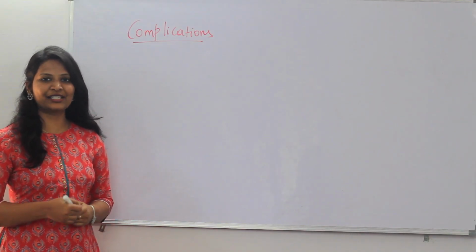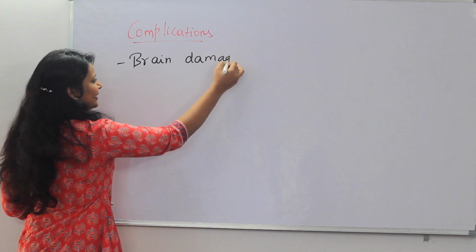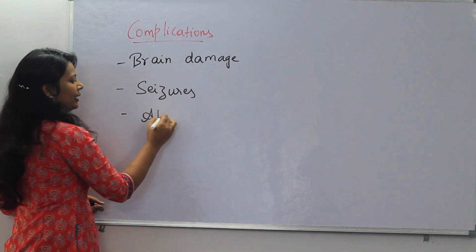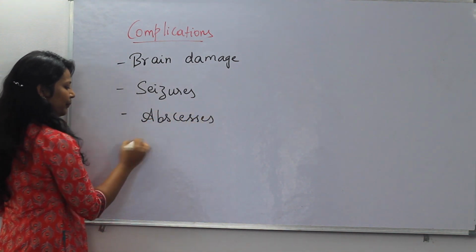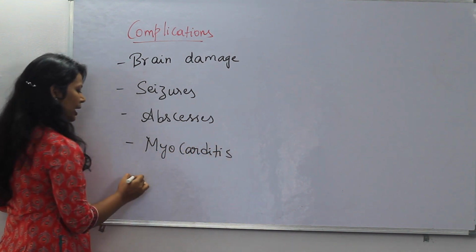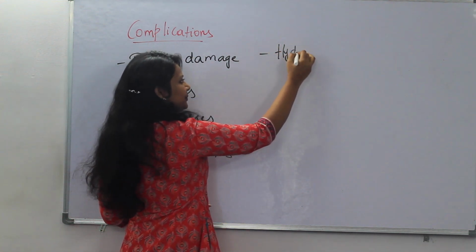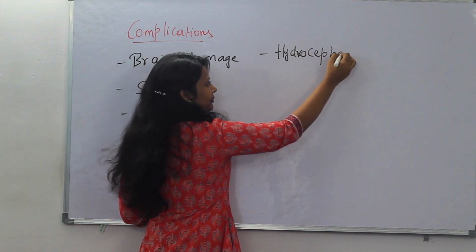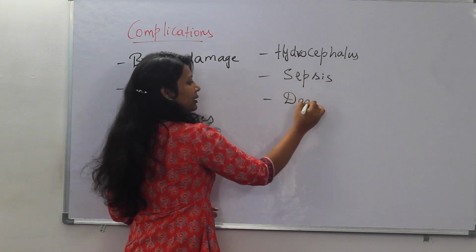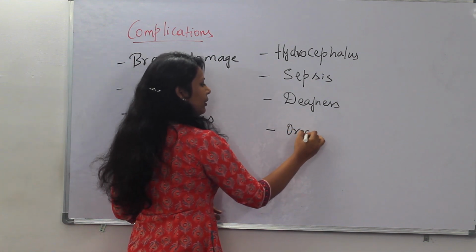The common complications of meningitis are brain damage, seizures, abscesses, myocarditis, shock, hydrocephalus, sepsis, deafness, organ failure.